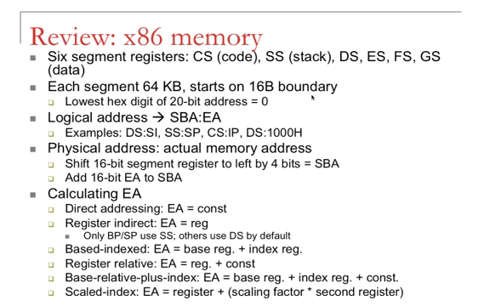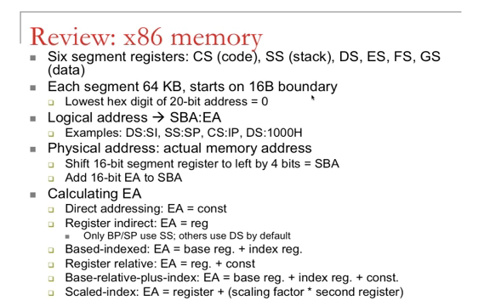The next one is called register relative, where you use 2 components: one is the register, the other one is a constant number. The next one is base relative plus index, where you can have a base register, an index register, and some constant value.